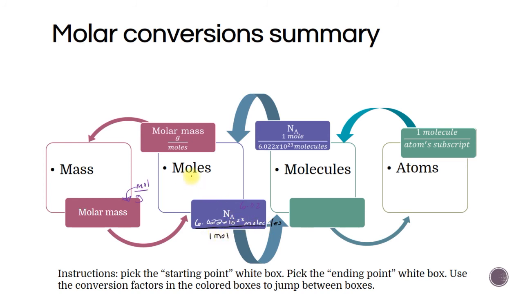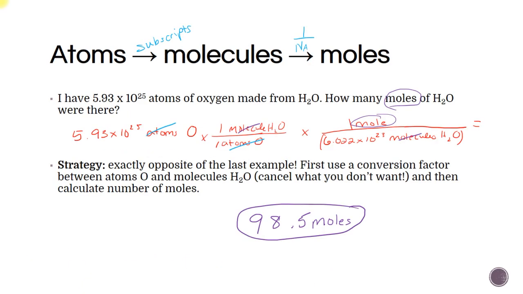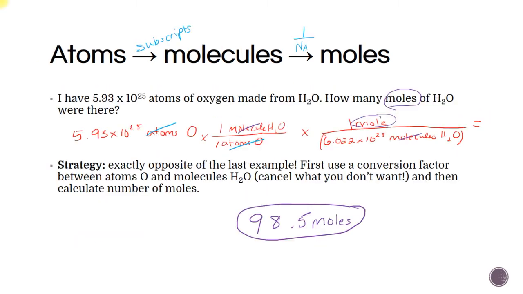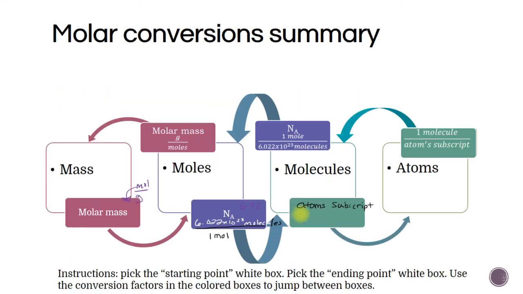Okay, so if we have moles and we want to get to molecules, this is how we do it. Then if we have molecules and I want to get to atoms, you're going to do the subscript. So from molecules to atoms is similar to what we did here. So that's using the atom subscript divided by one molecule.